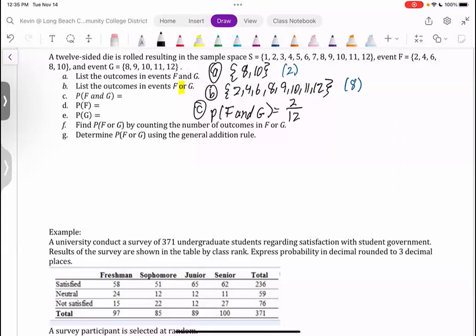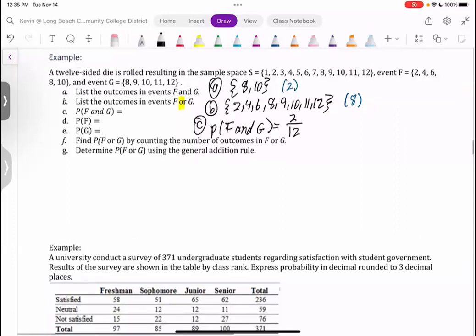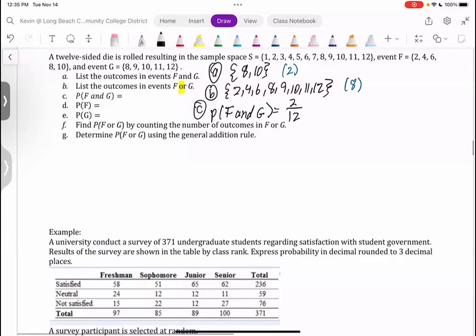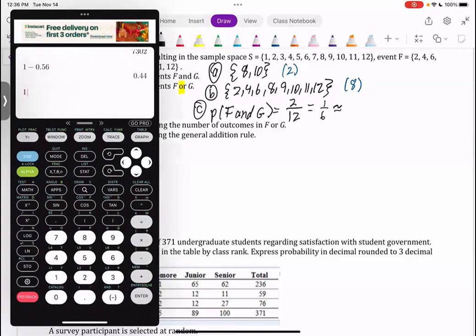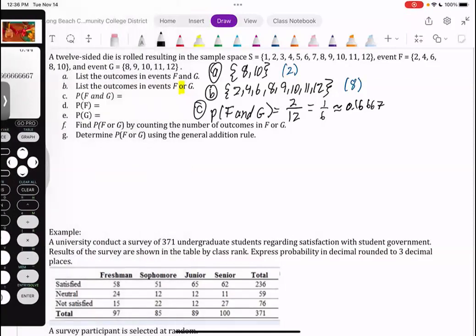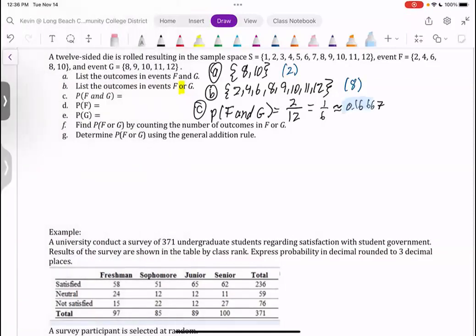And that reduces for us. Did they tell us to leave as a fraction? I don't think they say. They do not. There we are. You could even put 2 over 12. You don't even have to reduce it.